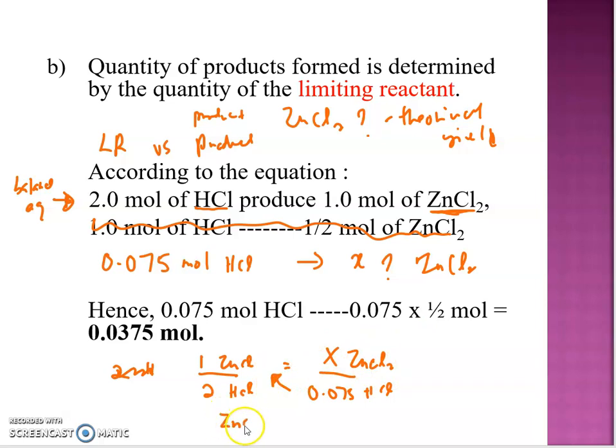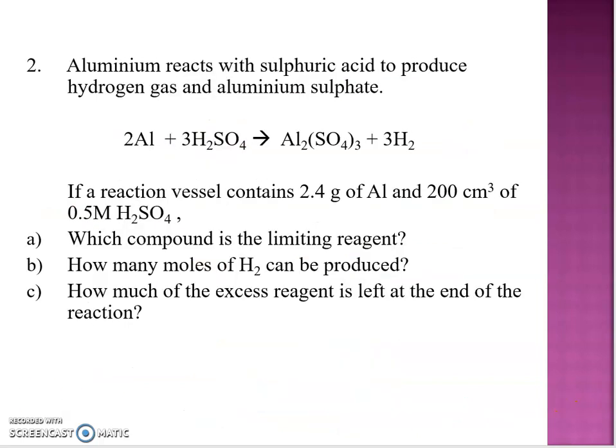So zinc chloride untuk X mol sama dengan setengah darab 0.075 mol. So dapatlah 0.0375 mol. So this is the number of mole zinc chloride produced for this reaction. Okay. So itu saja untuk A dan B. So kita tengok the next examples.